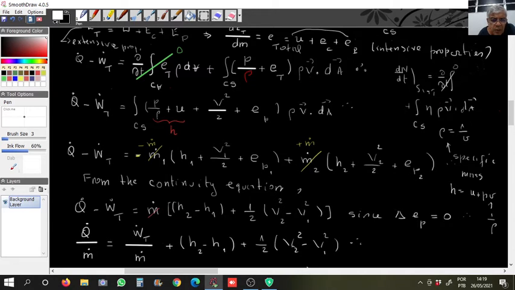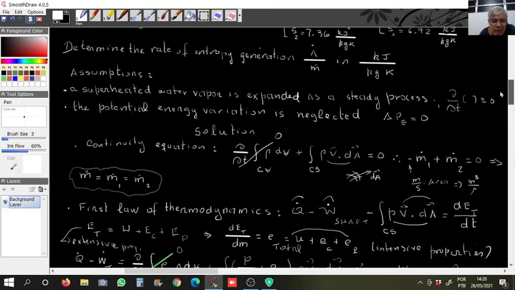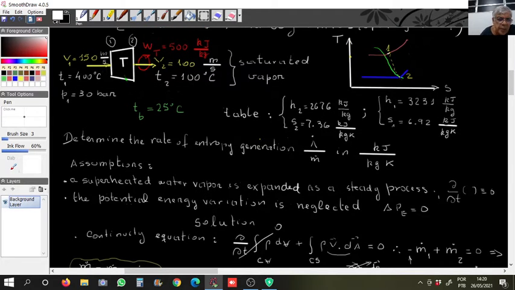If I write P over rho plus u, this is the kinetic energy per unit mass, and this is the potential energy, times rho V dA. Now, I will apply this equation to the system, to the fluid. Attention here, the turbine is not the system. The system is the vapor, the superheated vapor.